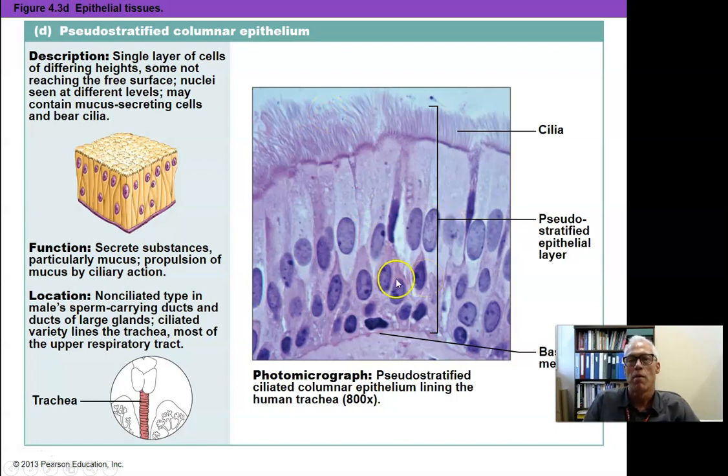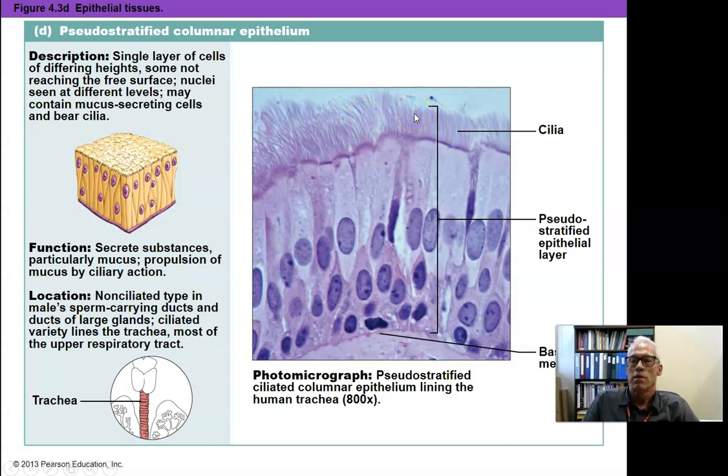If we look at this beautiful micrograph, we can see what appears to be layers of nuclei, and so this is called a pseudostratified epithelium because careful histology has identified that each one of these cells of the epithelium does in fact contact the basement membrane, the dense mat of proteins that the epithelial cells all create and to which they're anchored, and then from there down into the tissue beneath. So there's a pseudostratified columnar epithelium, and in addition, it's ciliated.